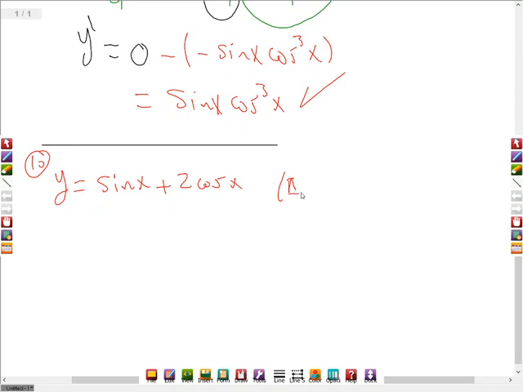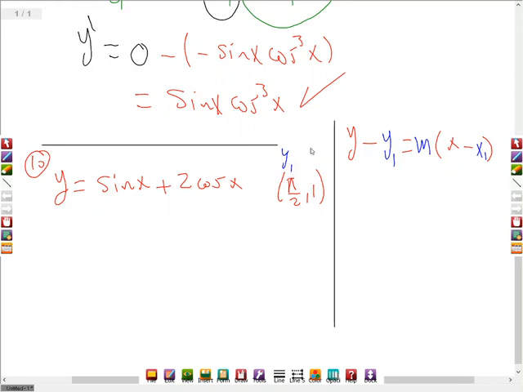Since he wants the tangent line, quickly I will write my equation. y minus y1 equals m times x minus x1. Look, the values in blue I have to have: the slope and x1. This y1 I have, and this x1 I have. I need to find the slope.